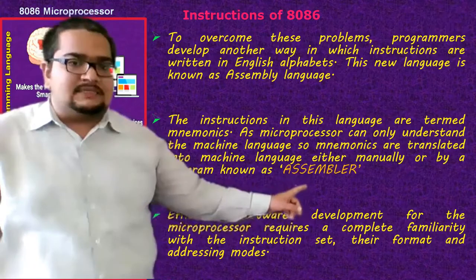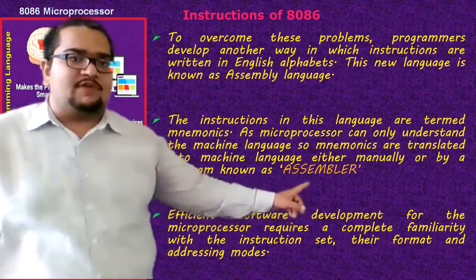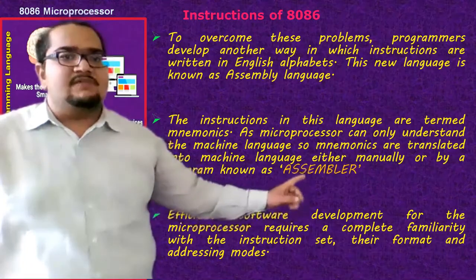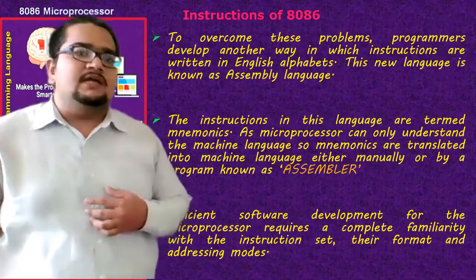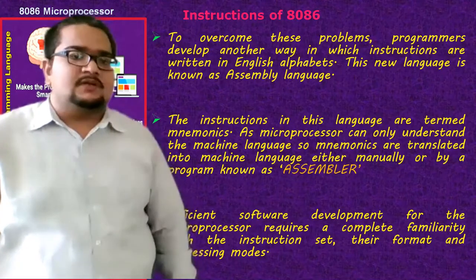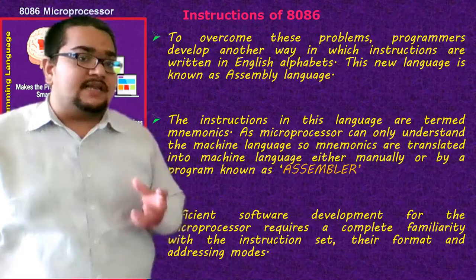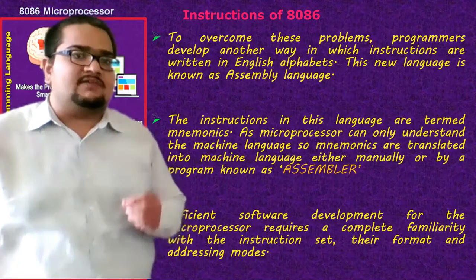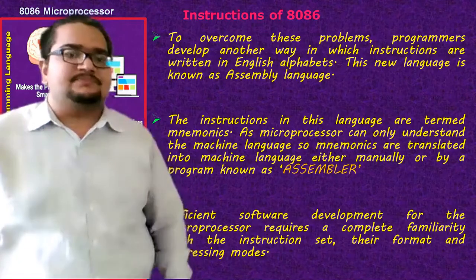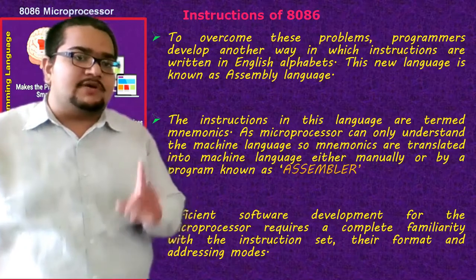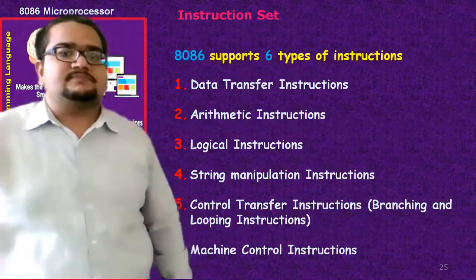This software tool is basically a program which converts our program into machine code. Our program is the English mnemonics we use for writing the assembly language program. We will see all such mnemonics in today's class.